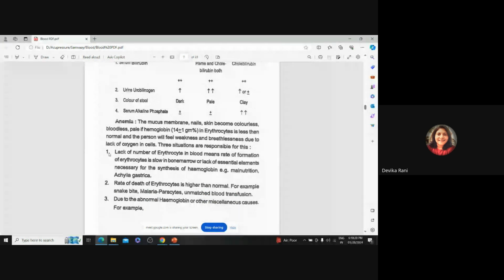The mucous membrane, the nails, the skin become colorless, bloodless, pale, if adequate amount of hemoglobin is not there in the erythrocytes, and the person will feel weakness and breathlessness because obviously oxygen is not reaching. So the body is not able to utilize the oxygen for energy as well. So there is weakness, there is breathlessness due to lack of oxygen in cells.